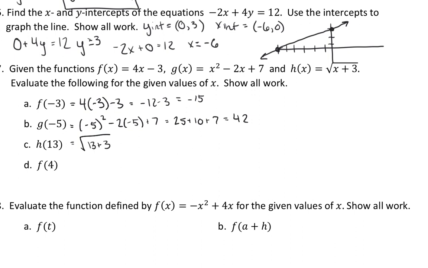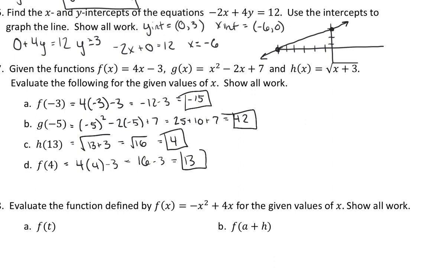So 13 plus 3 is equal to the square root of 16, which is equal to 4. f of 4, so 4 times 4 minus 3 is equal to 16 minus 3, which is equal to 13. So there are answers for all of these problems.